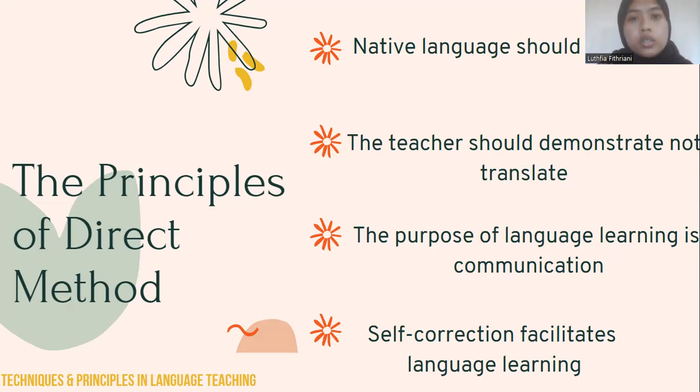The teacher cannot explain apple in Bahasa. So the teacher has to demonstrate the word apple. He or she can use a picture, a drawing on the board, or bring a real apple.